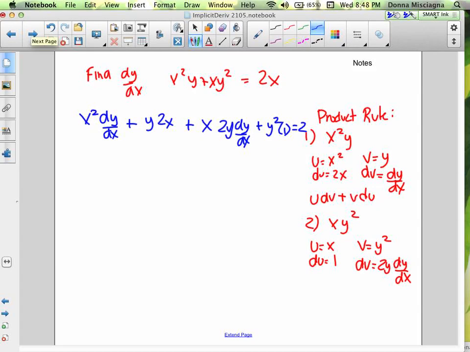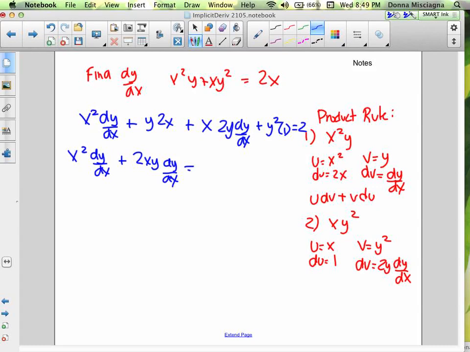All right, so let's clean that up, and we'll move the terms without dy dx to the other side. So we have x squared dy dx plus 2xy dy dx. I like to have the x first and then the y.